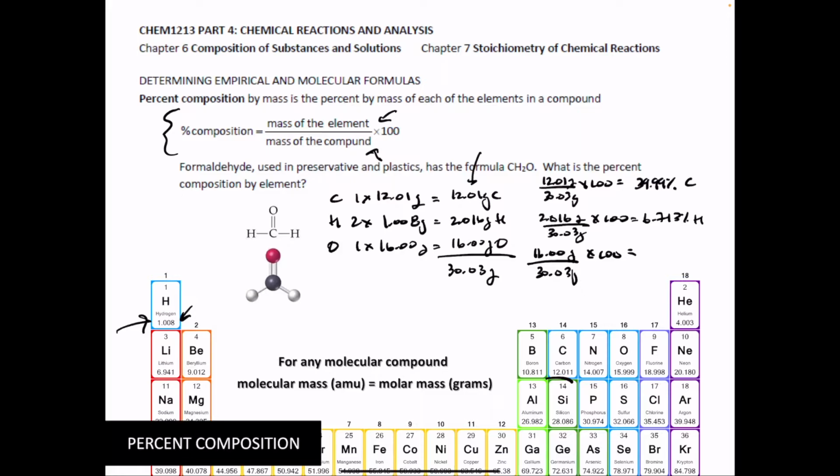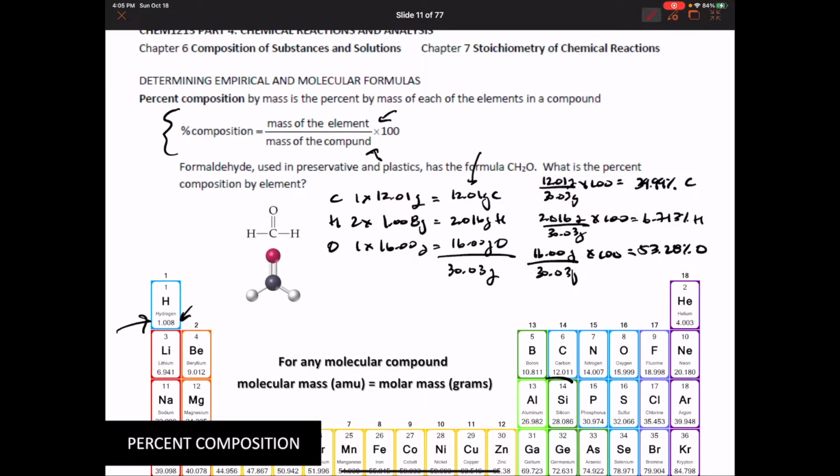And for oxygen, 16 divided by 30.03 is 53.28%. So what is the percent composition by element? Those are the answers. We've done it.